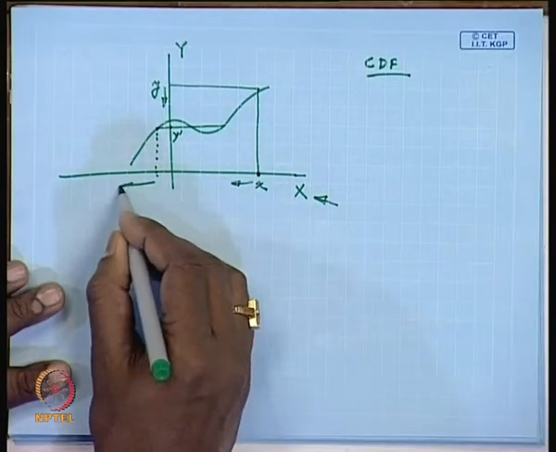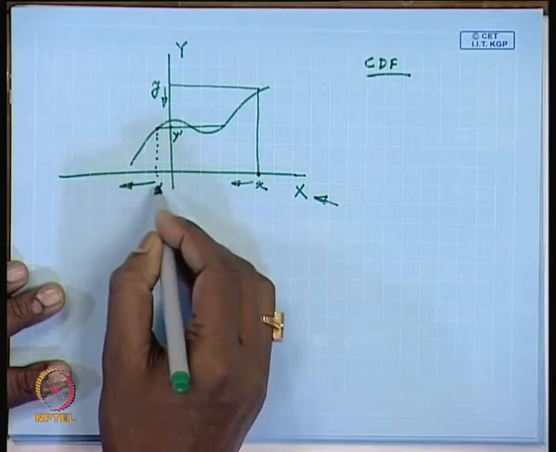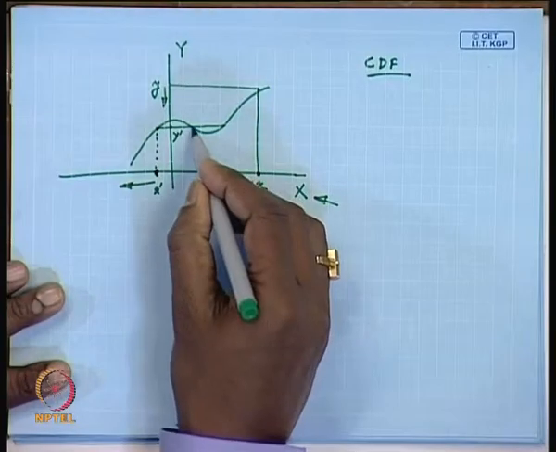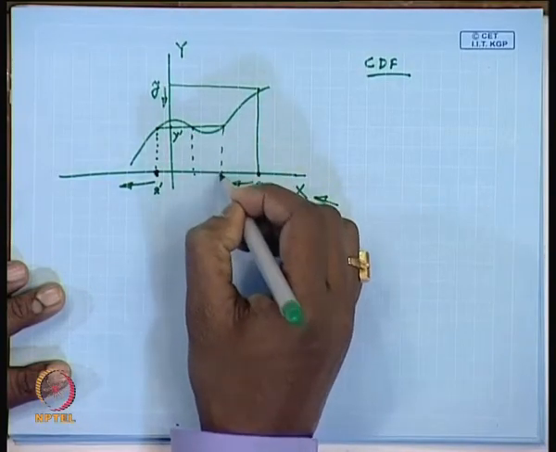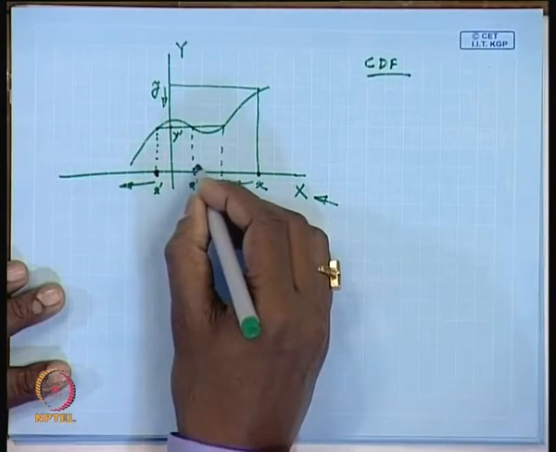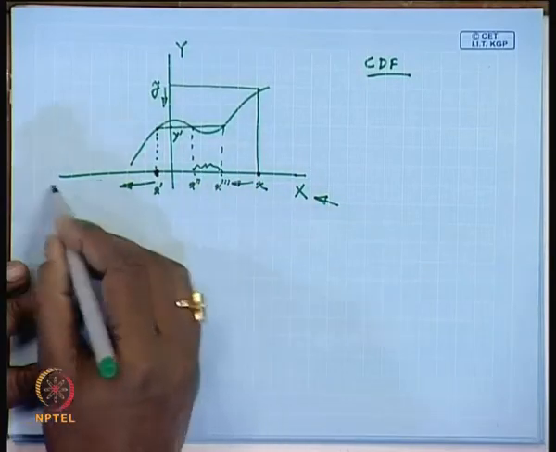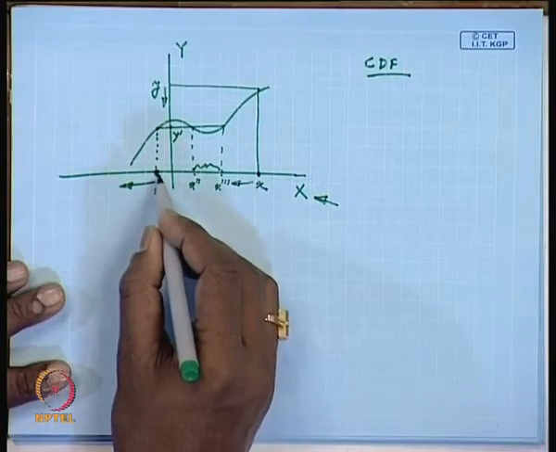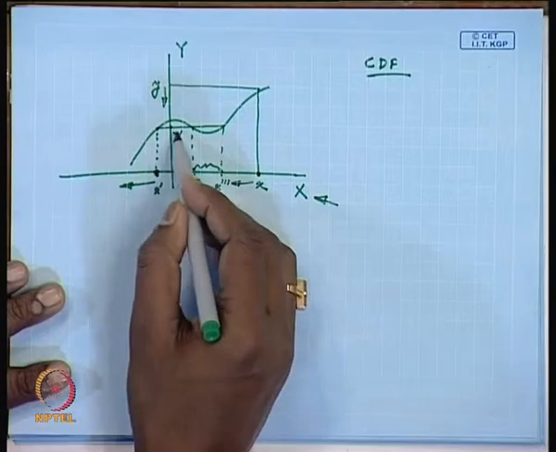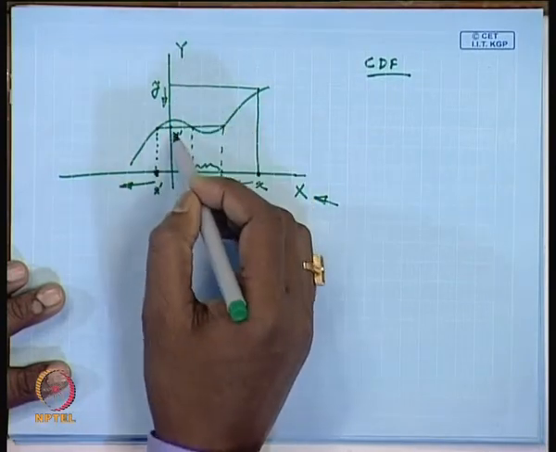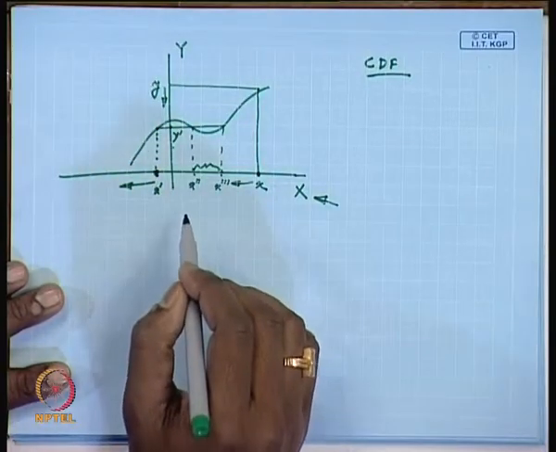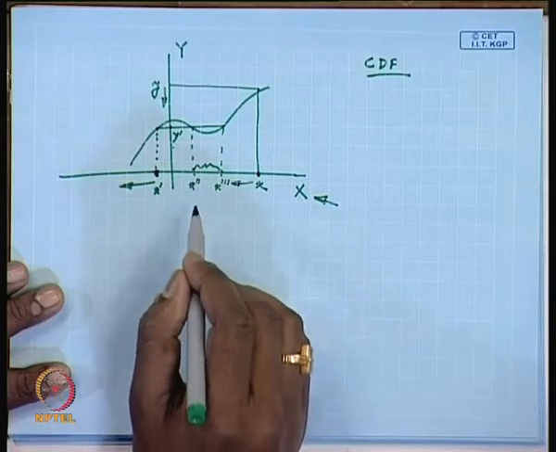The first could be x prime, less than or equal to x prime, corresponding to this point, plus another domain, this one. If I name these x double prime and x triple prime, then the summation of the probabilities for the random variable x over these zones should equal the probability of the random variable y less than or equal to y prime.